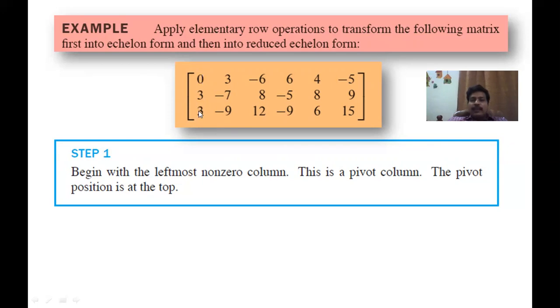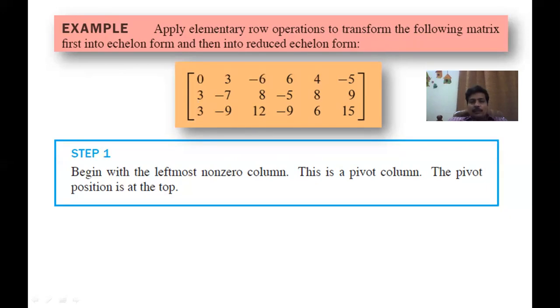So first we need to identify the first pivot column. If there are all zeros in this column, the next one will be our pivot column. If these two contain all zeros, then this will become the pivot column. In this example, it is a non-zero column. That's why it is our pivot column.